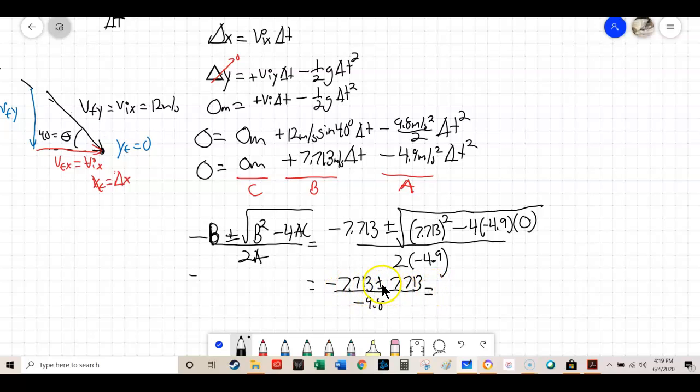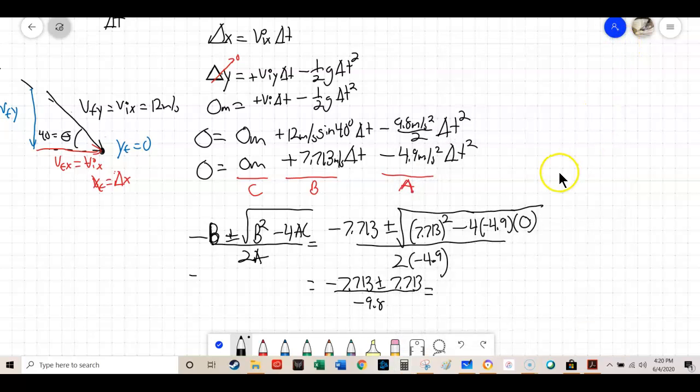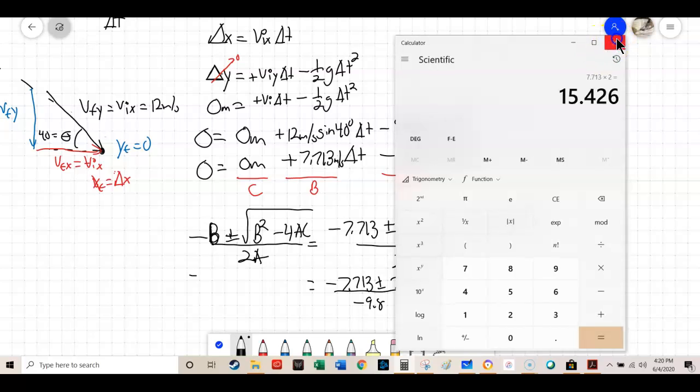So if you add this to this, 7.713 minus 7.713 is going to be 0. The other option is negative 7.713 minus 7.713. 7.713 times 2 equals 15.426.